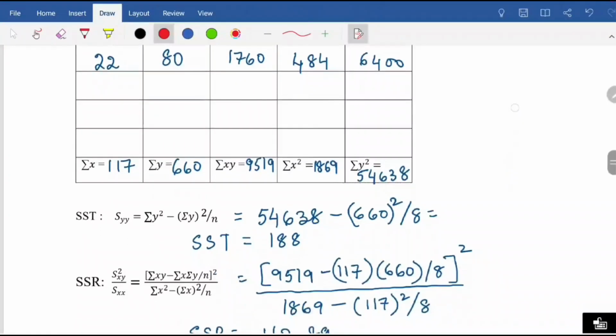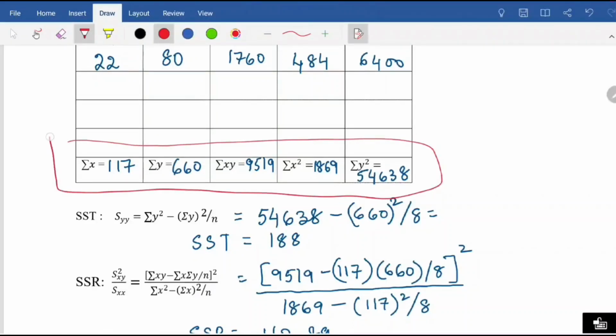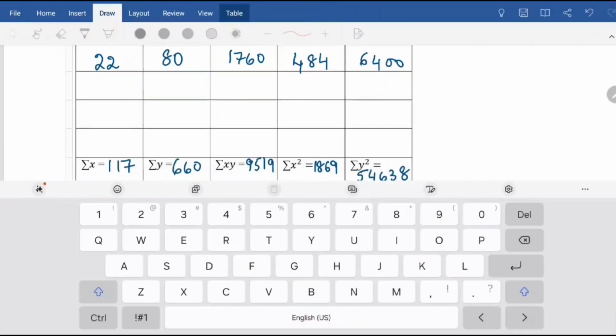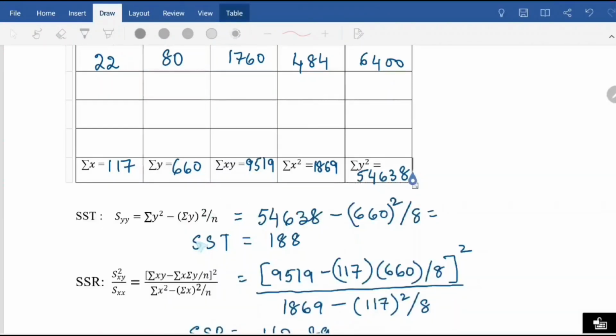All right, and now we are going to use just the sum total row at the bottom in order to work through these formulas. All right, so SST is equivalent of S sub YY.